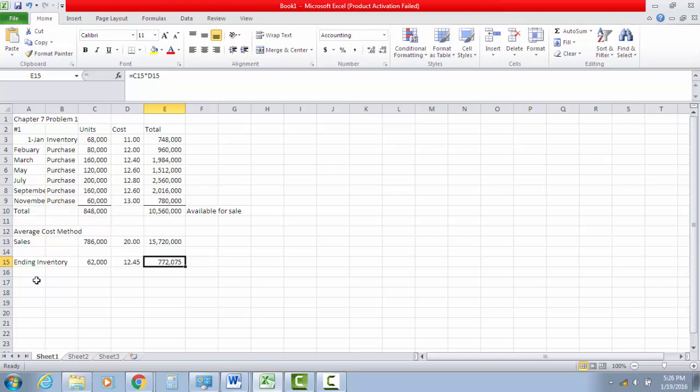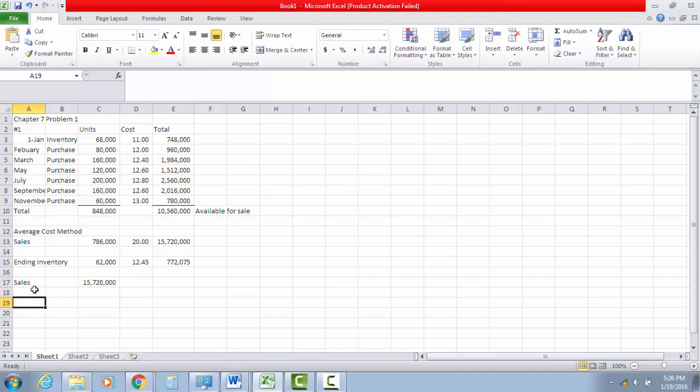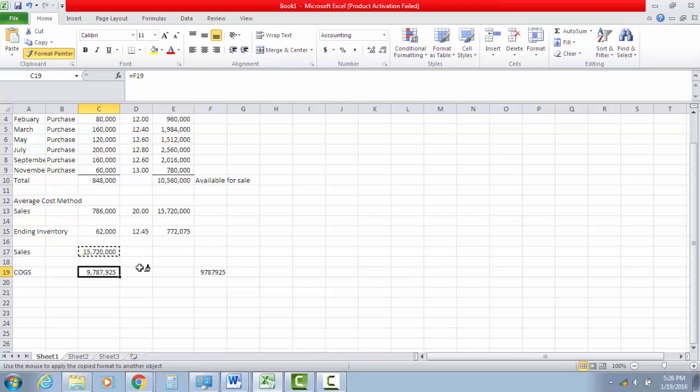So with that being said, I can take my sales of 15,720,000. I can then subtract my cost of goods sold, which will equal the 786,000 units times my cost, since I'm using average cost, and my cost of goods sold would be 9,787,925.